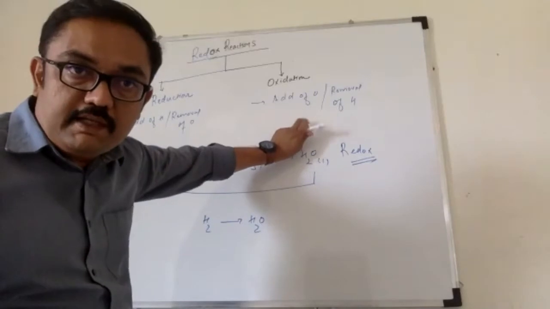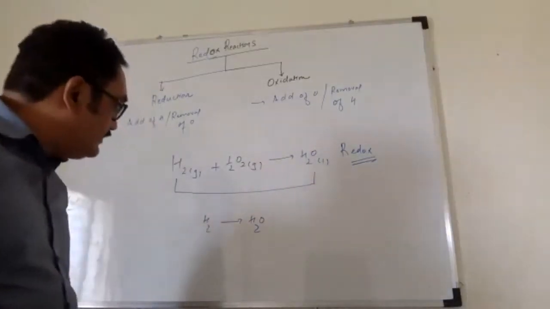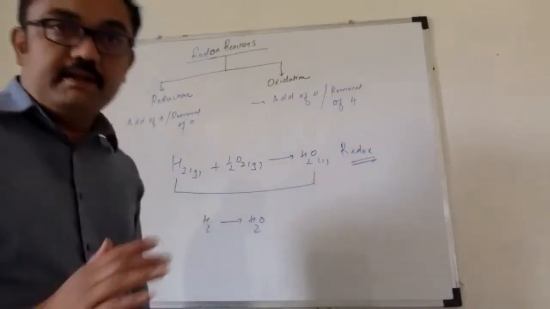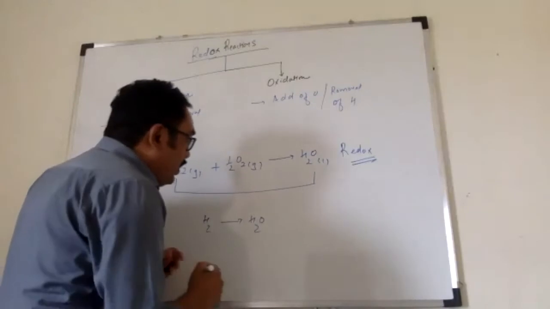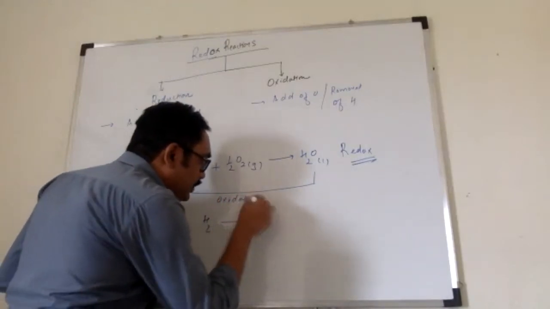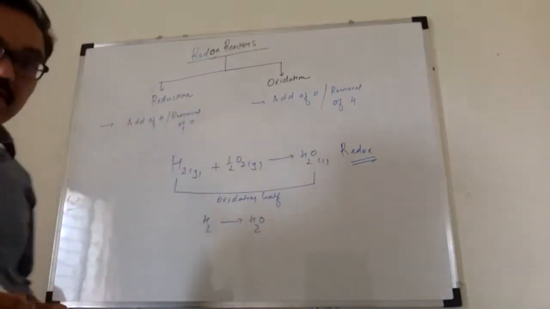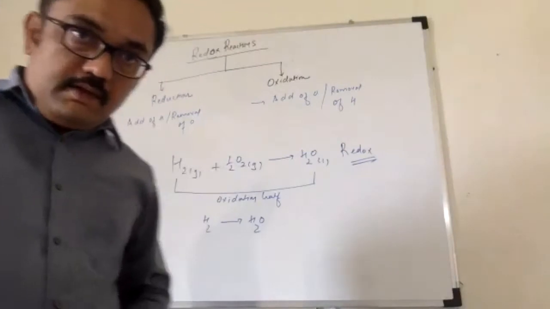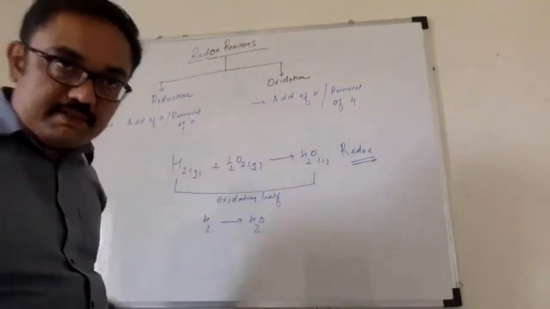The addition of oxygen is oxidation. So hydrogen has oxidized here. This particular half is called the oxidation half. The hydrogen has oxidized as oxygen is added to the hydrogen. I am applying the first definition.